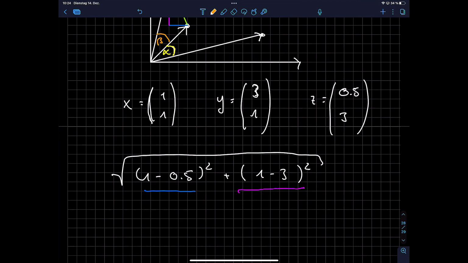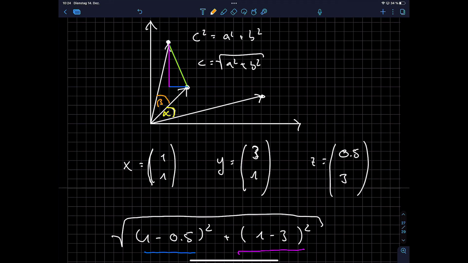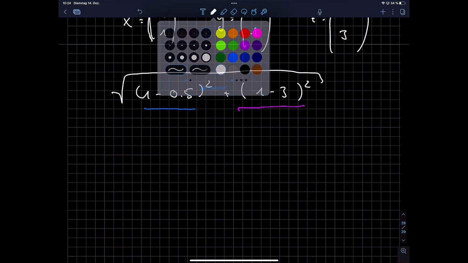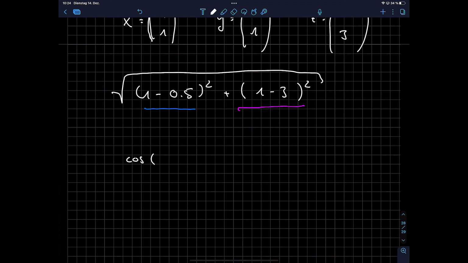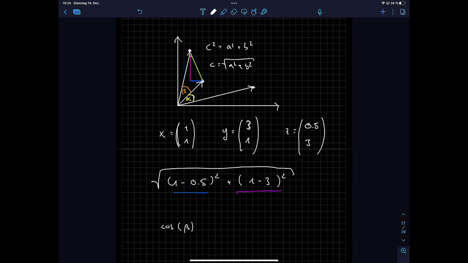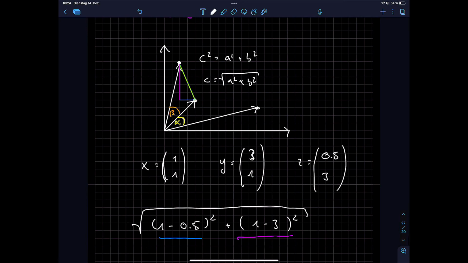In order to calculate the similarity between the vectors 1 and 3 and the similarity between the vectors 1 and 2, we would, for instance, calculate the cosine of beta in order to calculate the similarity between the vector x and z.